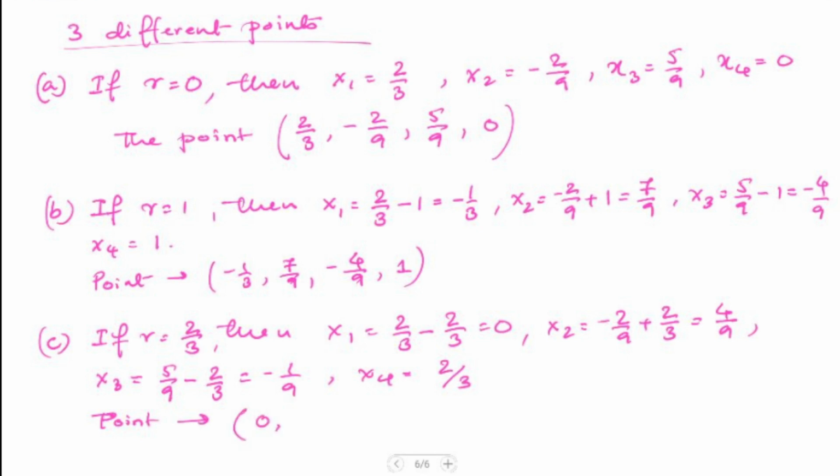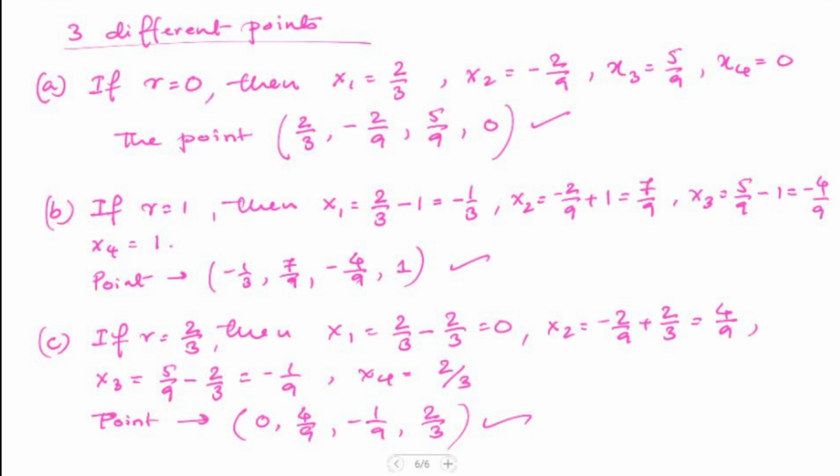So the point here will be 0, 4 over 9, minus 1 over 9, and 2 over 3. So these are all solutions to the given system here.